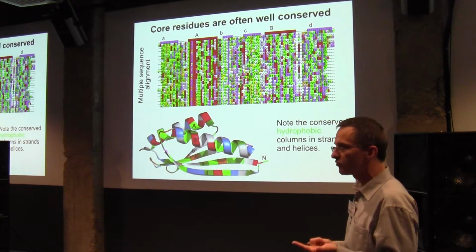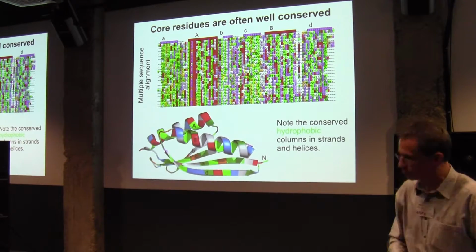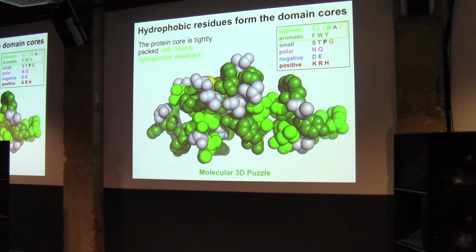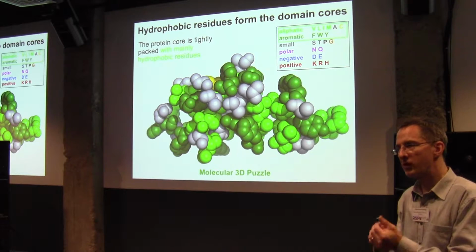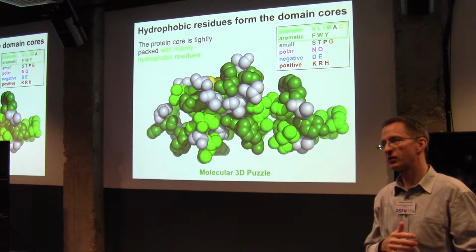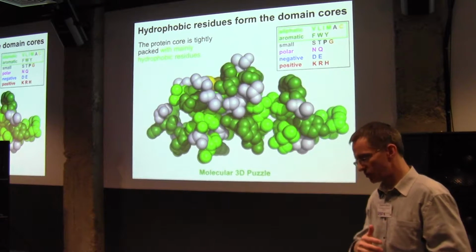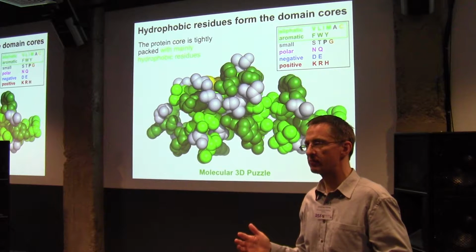And the second part is there are not so many stable ways to make a protein stable, because you have to find a solution to this, what I would call a 3D jigsaw puzzle. It's not a 2D but a 3D puzzle, and there are not so many ways to make this stable. And we know that because when we generate random peptide sequences, they almost never fold into something stable.